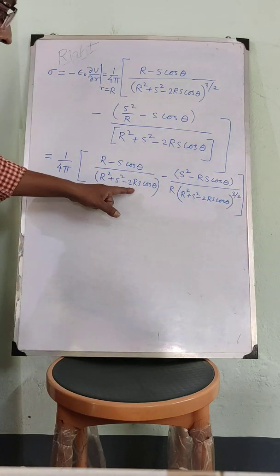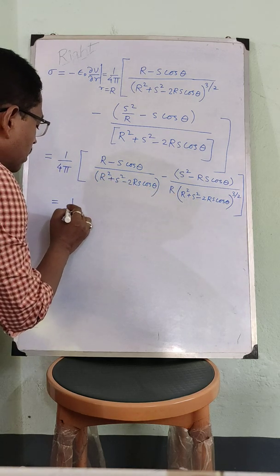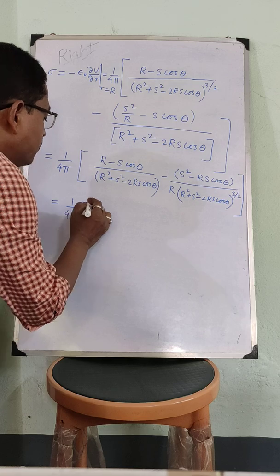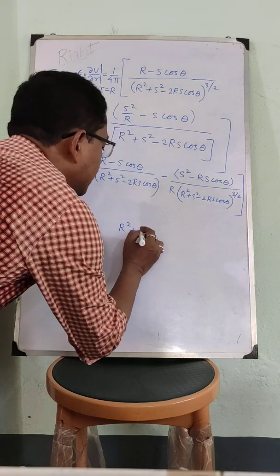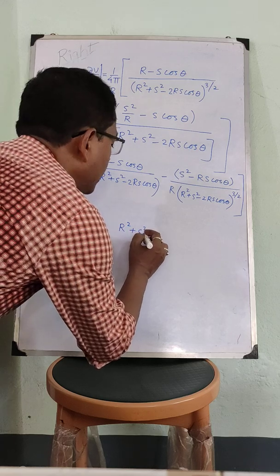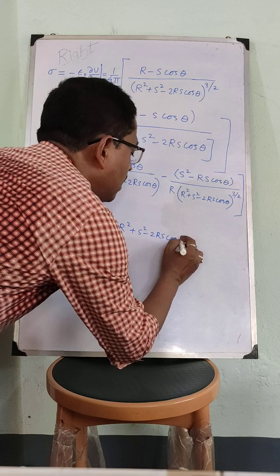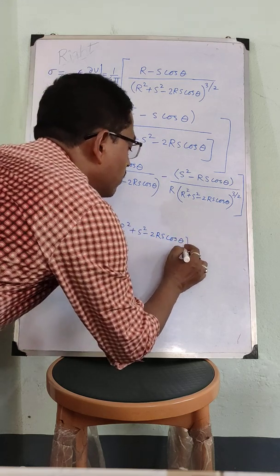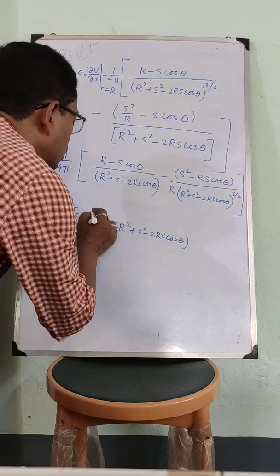Okay, now I can take the LCM, so 1 by 4 pi, now LCM is r square plus s square minus 2rs cos theta multiplied by 1 r, this r.